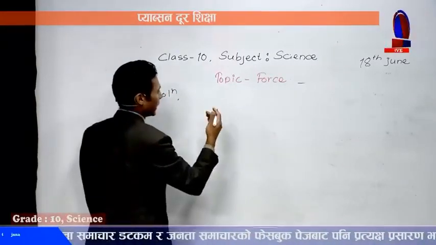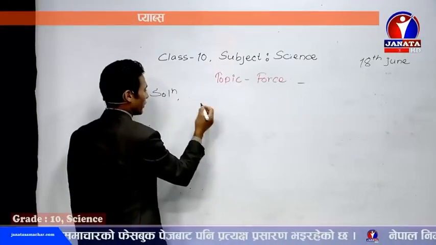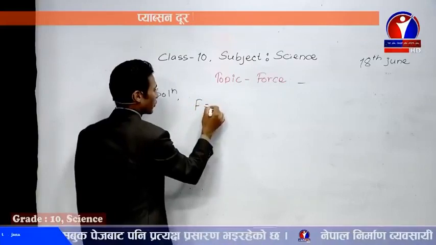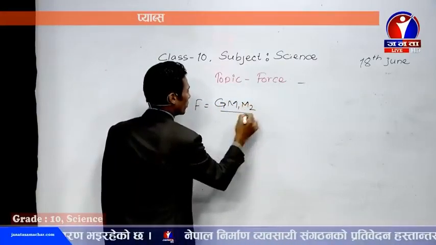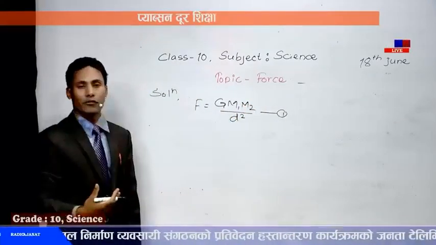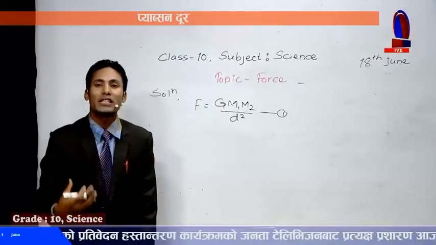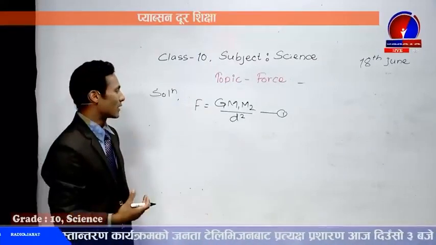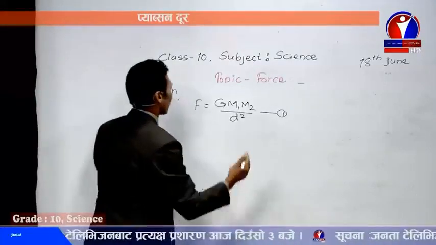From Newton's universal law of gravitation, we can write F equals G m1 m2 by d square, where m1 is the mass of the first object, m2 is the mass of the second object, and d is the distance between them from their centers.